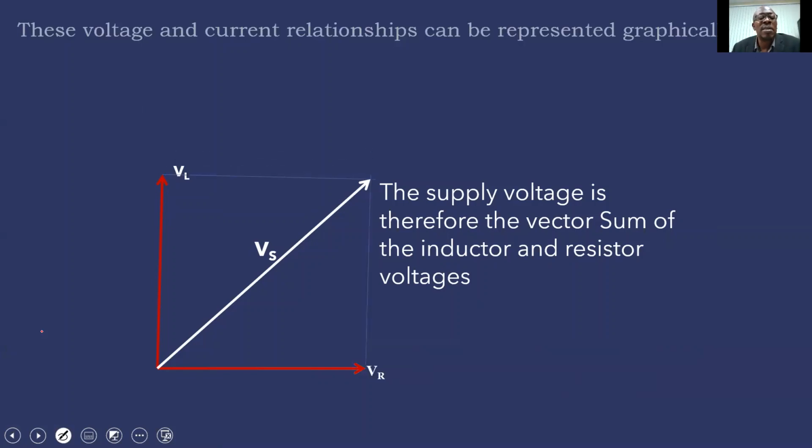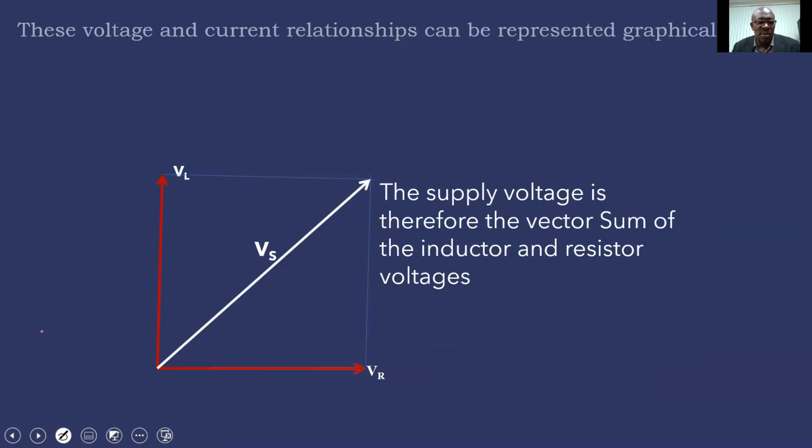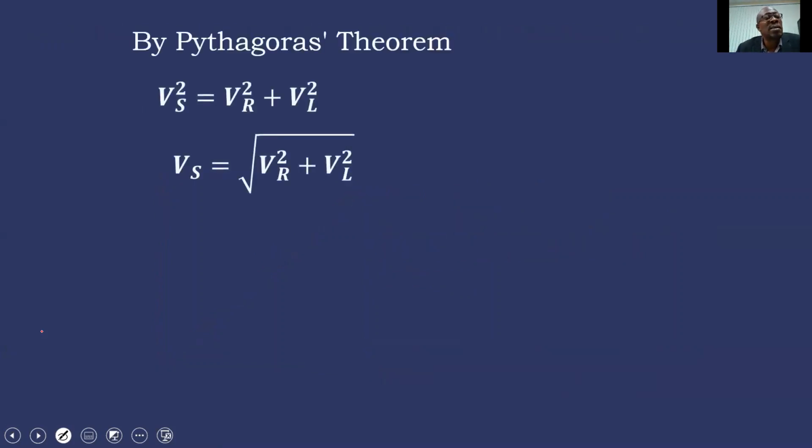And in finding that vector sum, we are able to find the supply voltage. So by Pythagoras' theorem, Vs squared is equal to VR squared plus VL squared.